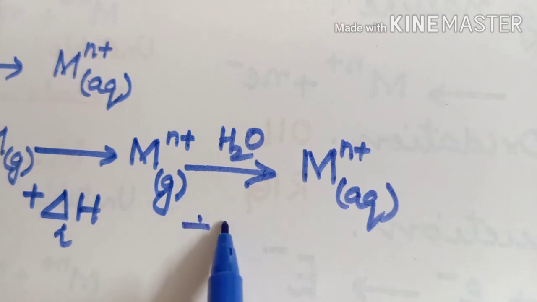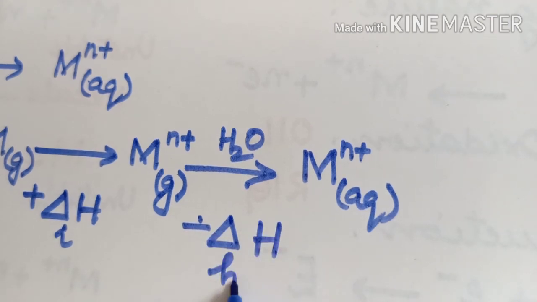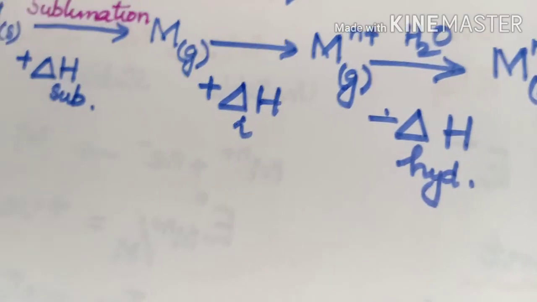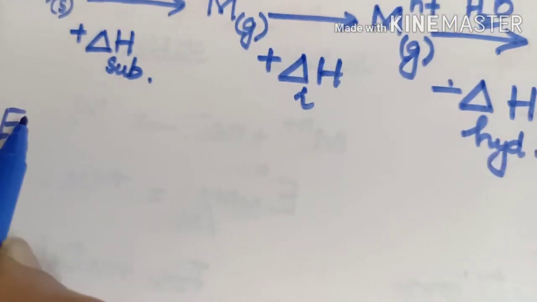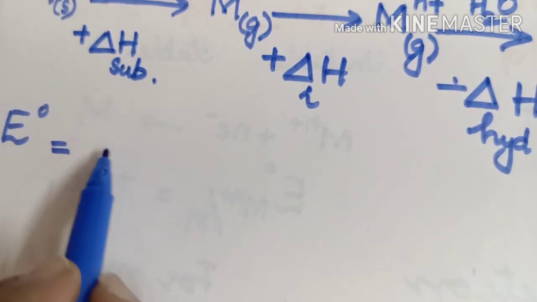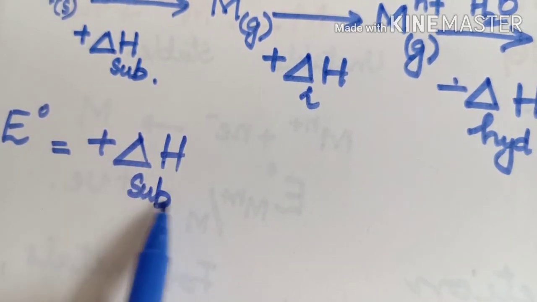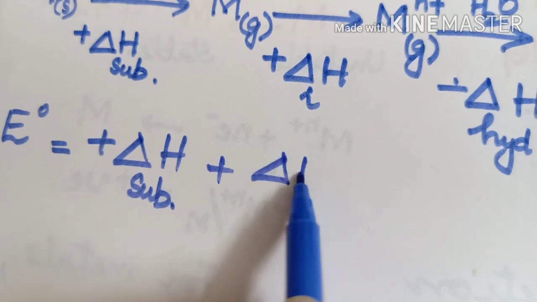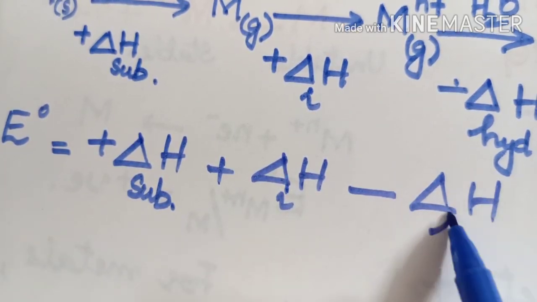So the hydration enthalpy is always released, and so it becomes negative delta H of hydration. So what is meant by electrode potential or the reduction potential? E naught, the reduction potential, is the sum total of sublimation enthalpy, ionization enthalpy, and hydration enthalpy.